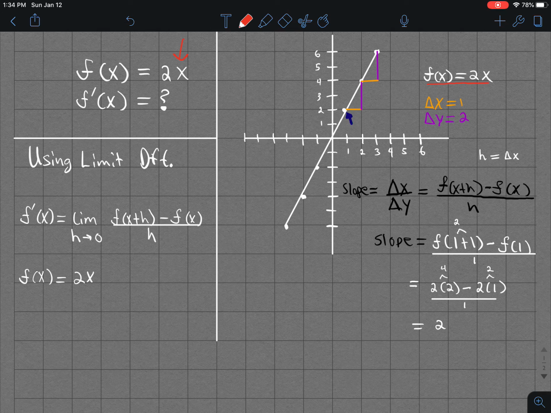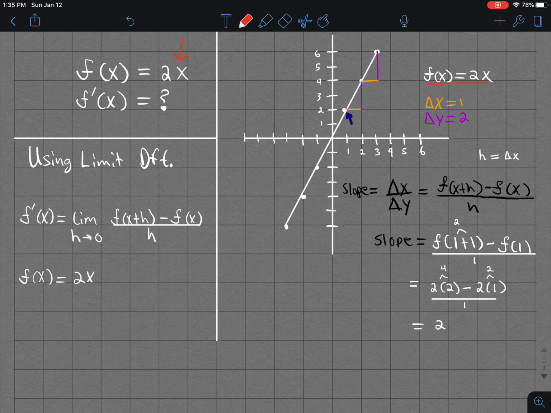Using the slope definition, we know the slope means change in y over change in x. So basically f of x plus h minus f of x, over h. h is basically our change in x.